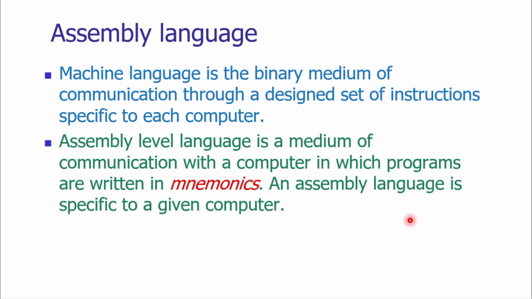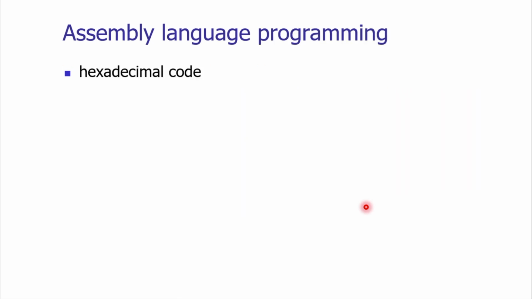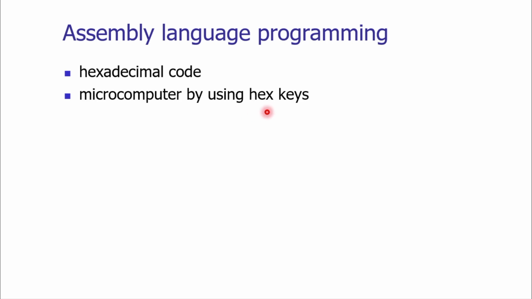In assembly languages, we use a certain set of words, and these words are called mnemonics. We will see the meaning of mnemonics in our next slides. Assembly language basically uses the hexadecimal code, and microcomputers are equipped with hex keys. The keyboard we use for computers is alphanumeric with some special characters.